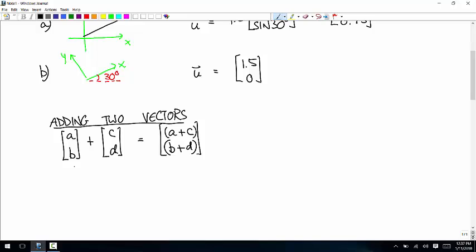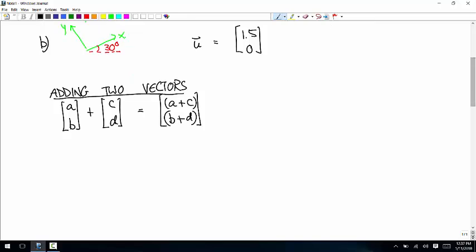Multiplying two vectors. No, not multiplying two vectors. Multiplying a vector by a scalar. Scalar just means a number.